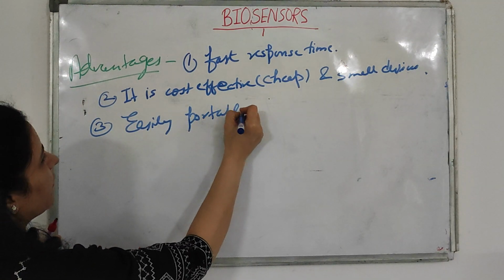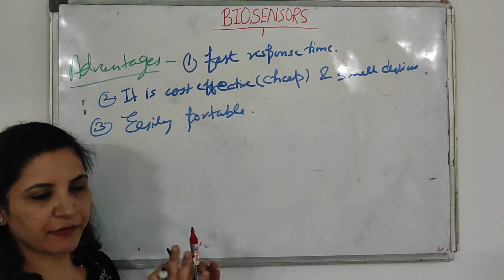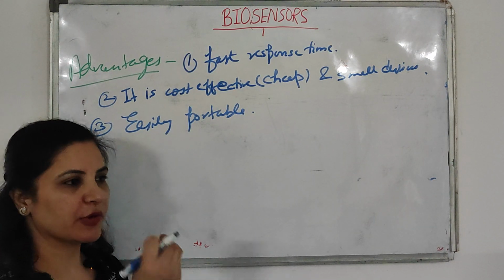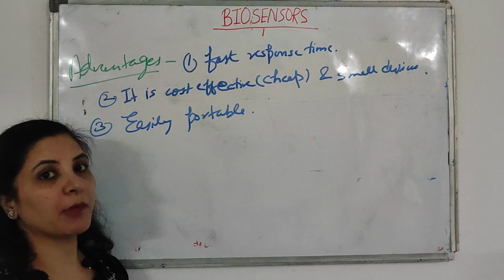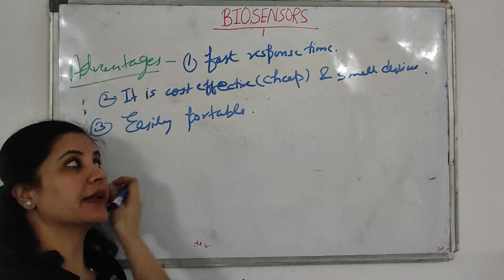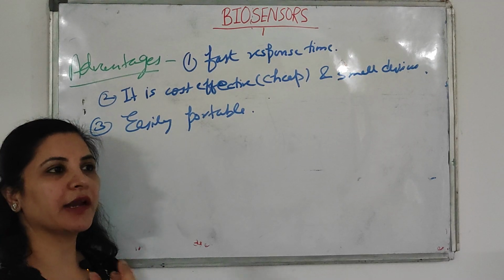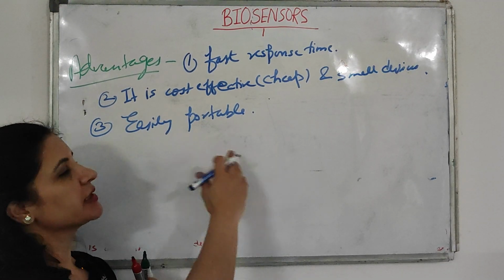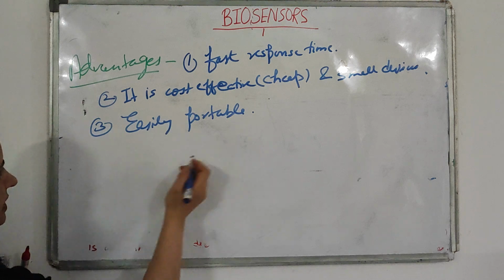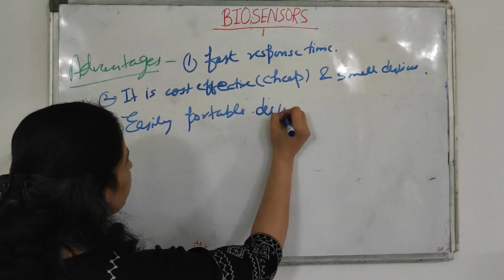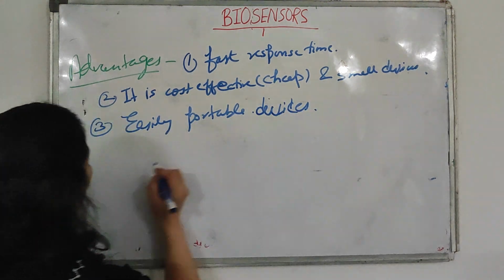That means these are small devices and you can easily carry them from one place to another. Biosensors you can keep in your bag, like a thermometer or a pregnancy kit; all these are examples of biosensors. So these are very easily portable devices.